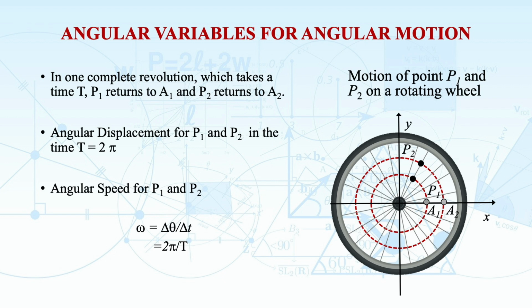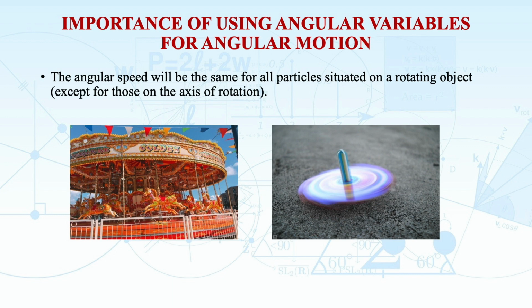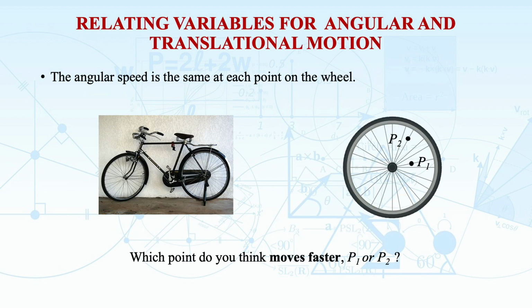So what have you understood from this? You have understood that the angular speed is the same for all the particles situated on a rotating object. Obviously, it is not so for those particles which are located on the axis of rotation. Other than that, the angular speed is the same for all particles situated on a rotating object.